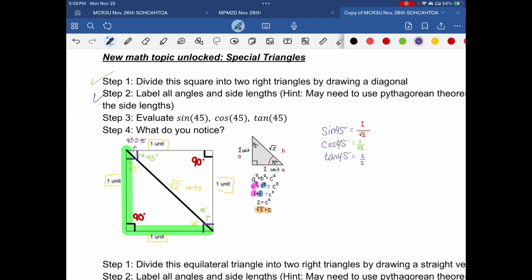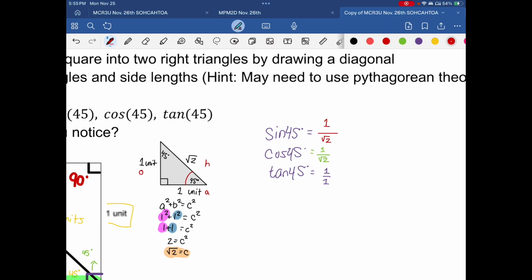So what do you notice? I notice that sine 45 degrees is the same value as cosine 45 degrees.